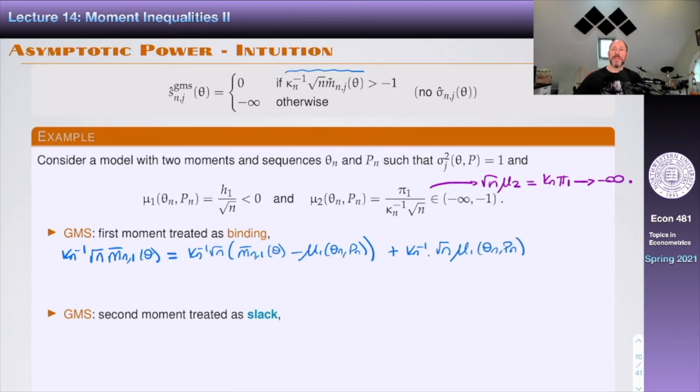I just added and subtracted the true mean because I want to understand the limiting behavior of this term.